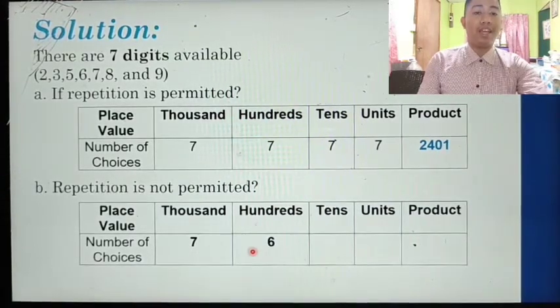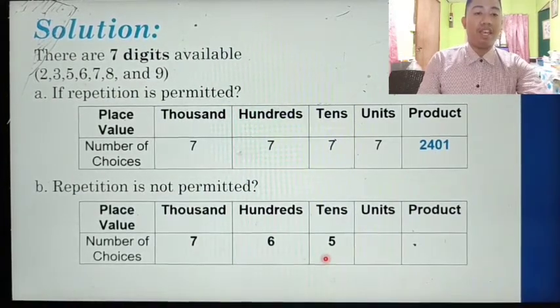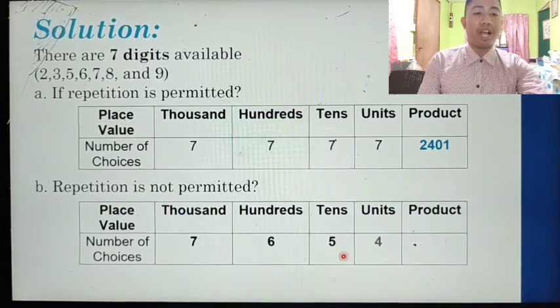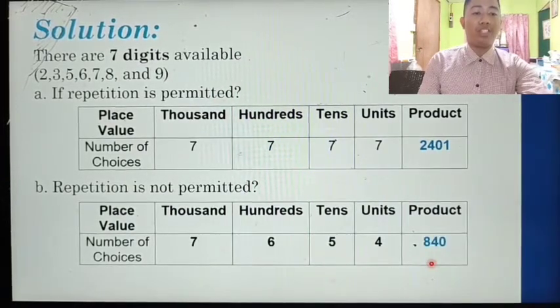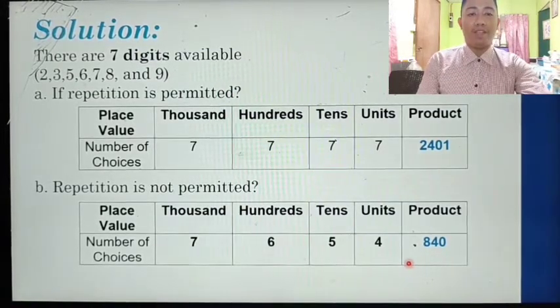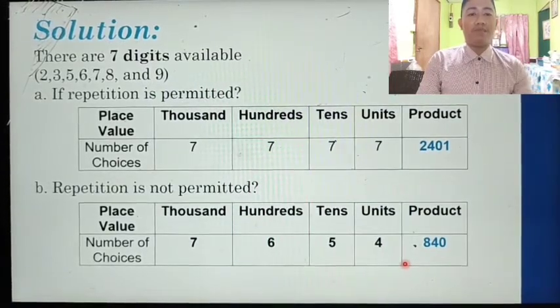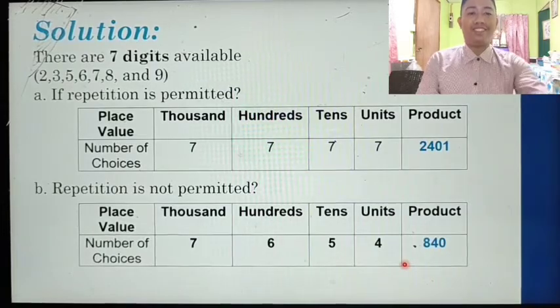So out of 7, minus 2, we get 5 choices left. So it repeats again and again, it becomes 4. So 7 times 6 times 5 times 4, we get the product which is 840 4-digit numbers that you formed in this problem. Okay, so let us proceed to the last illustrative example.